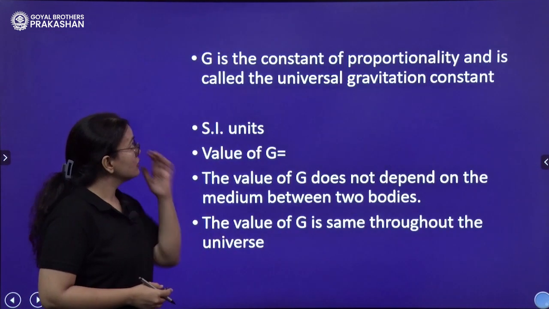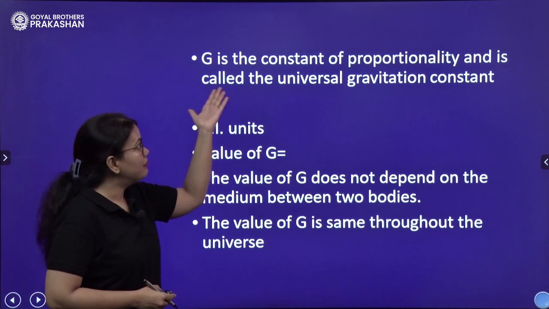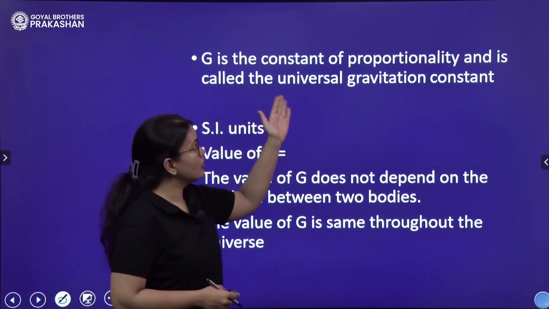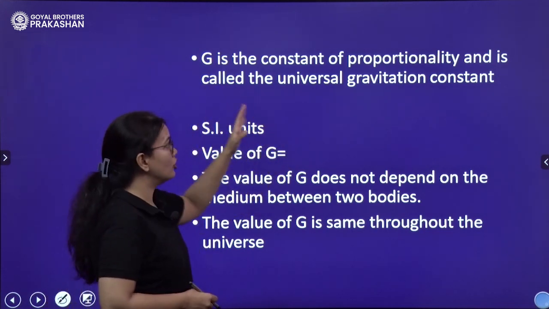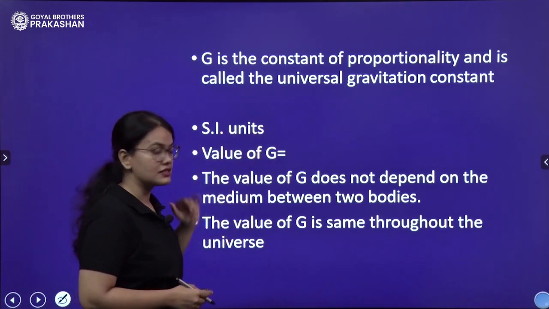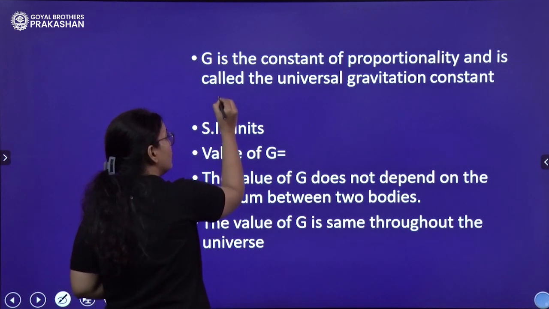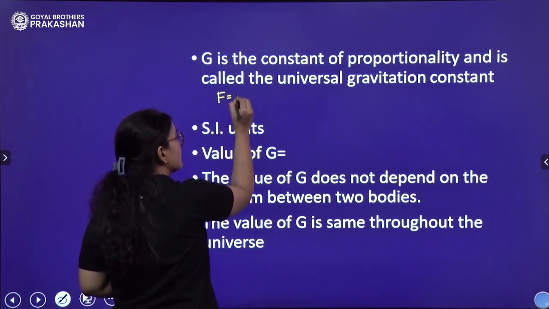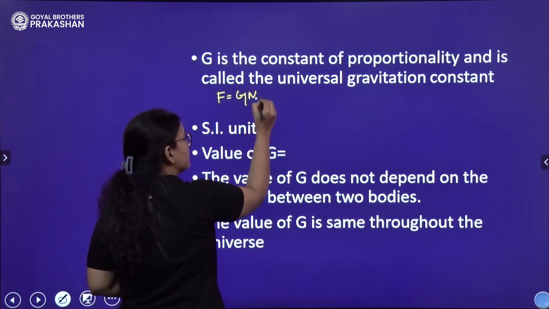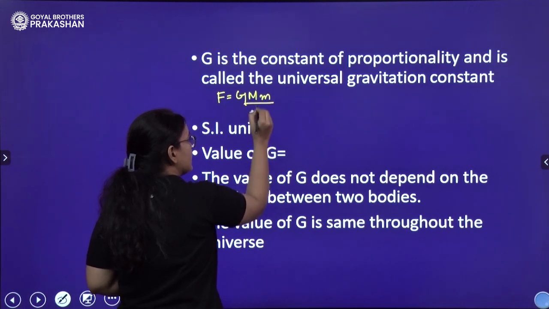Okay. Now see, as we have discussed, capital G is the constant of proportionality and is called the universal gravitational constant. Now how do you find this universal gravitational constant? From the formula of force only. Force is G M m over d square.